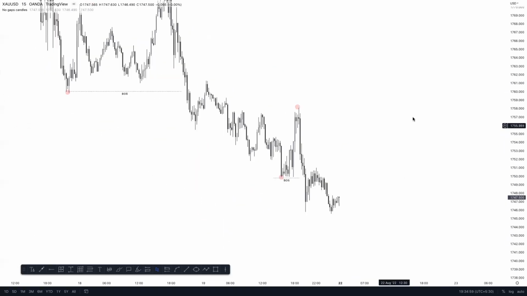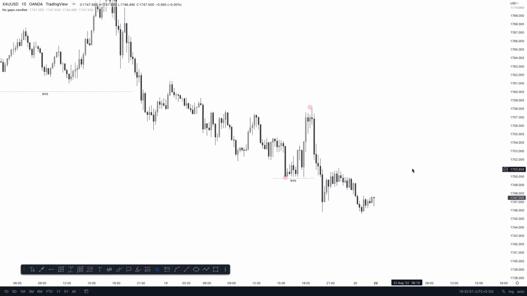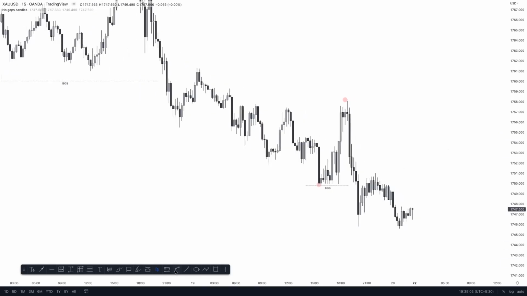And what is the possible scenario right now in gold? We can see if the market breaks this low, this is a minor low, okay, and in another broker, sometimes the market did not take out this low, but in this case, the market swept this low. So what is the possible scenario here after taking out this low?